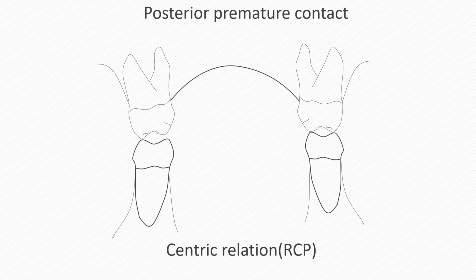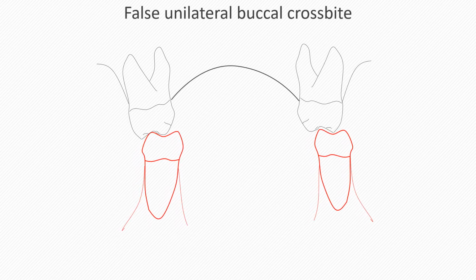When the crossbite occurs in conjunction with lateral mandibular displacement due to occlusal interference, or posterior premature contact between the cusps of the posterior teeth that causes deviation or displacement of the mandible, in this case the crossbite is called false unilateral buccal crossbite.